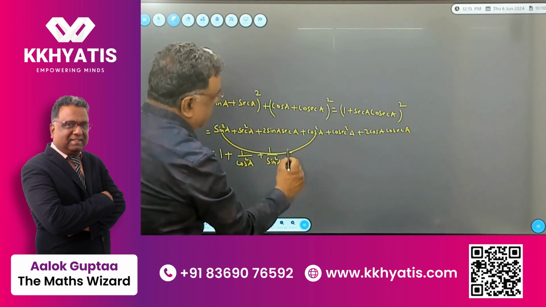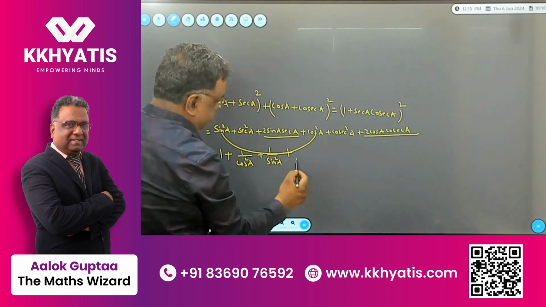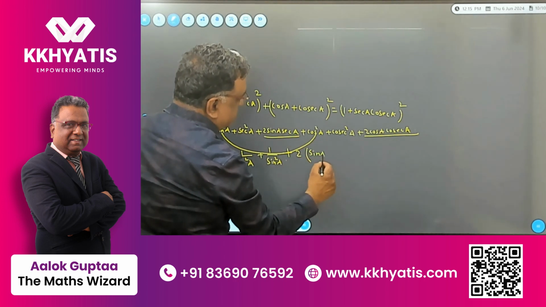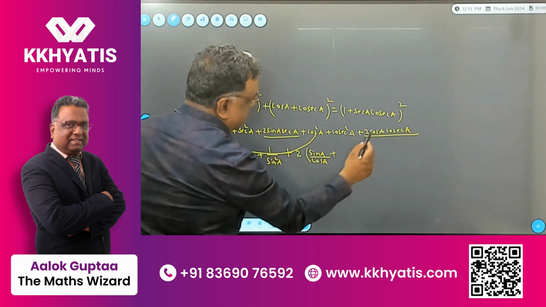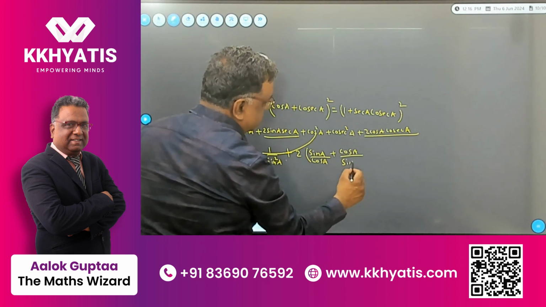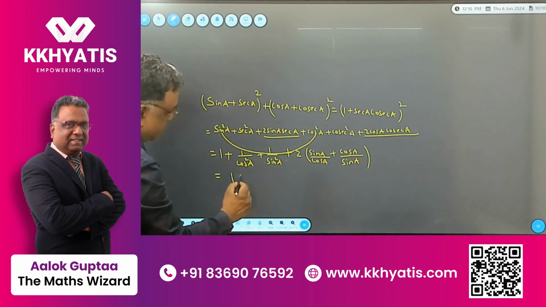Okay. And these two terms, I will take 2 common, and sine A sec A. Sec A, I will write as 1 upon cos A, and here it is cos A. Cosec A, I will write as 1 upon sine A. So this became this way. So now it is 1 plus.